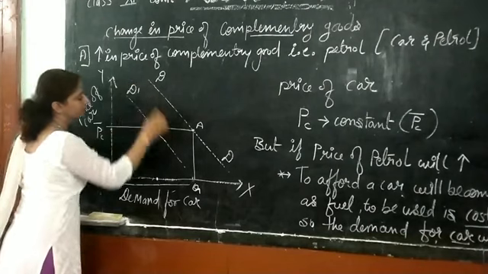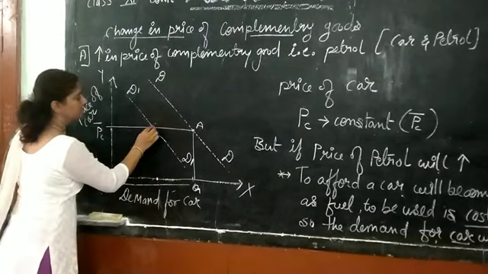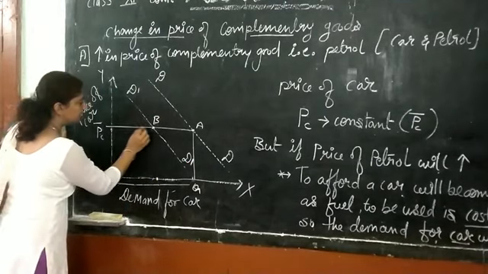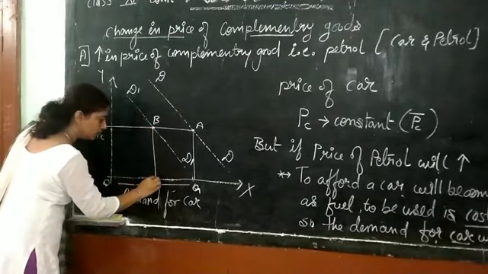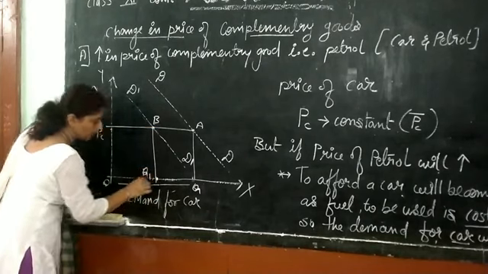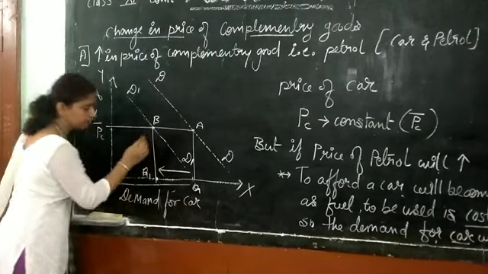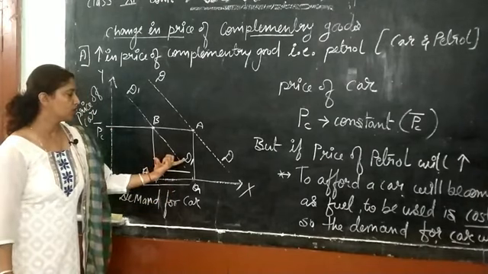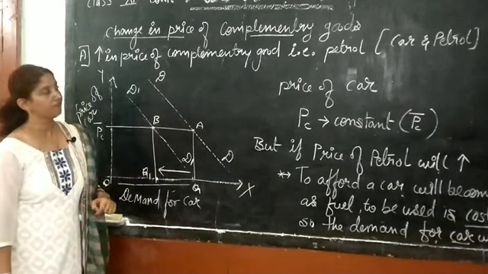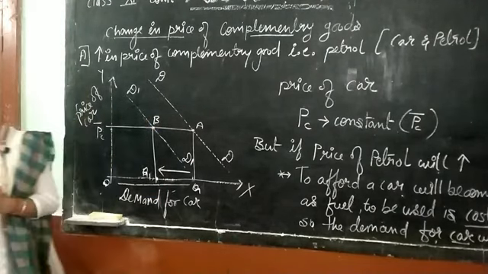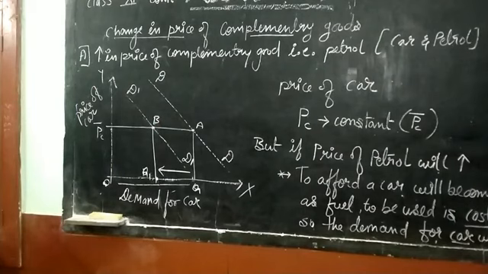The new demand curve is D dash, and now the consumer will be at point B, because the price remains constant, and consumers are now demanding OQ1. The demand for cars is reduced by Q to Q1. This is called the cross price effect on the demand for a car because of the increase in the price of petrol.